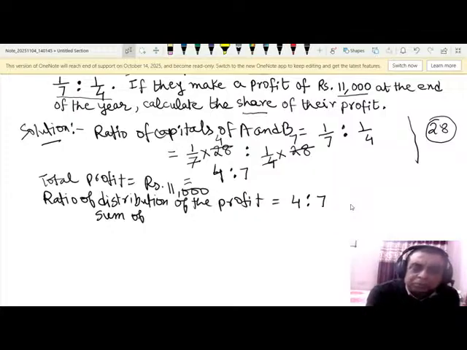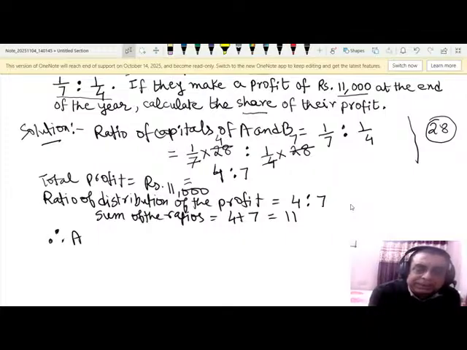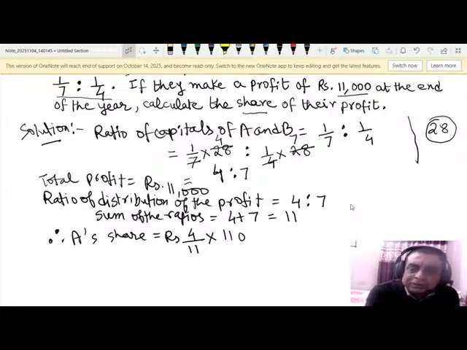So add up the sum of the ratios. 4 plus 7 is 11. So how much is A getting? The A share will be 4 out of 11 parts times the total profit. Total profit is 11,000. Divide 11,000 by 11. It gives 1,000. So 4 times 1,000 is 4,000.